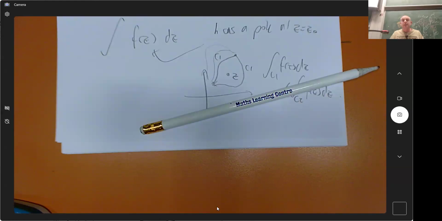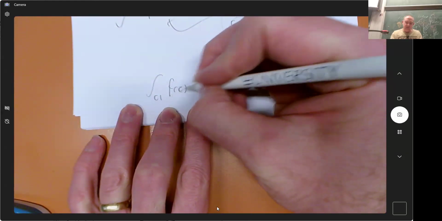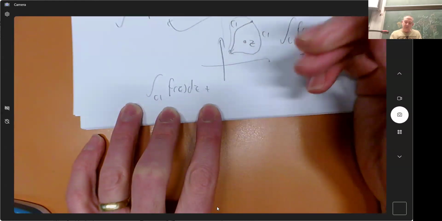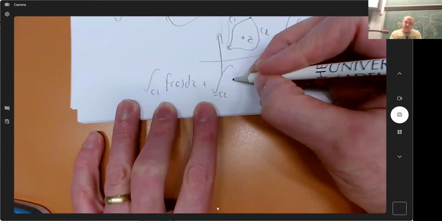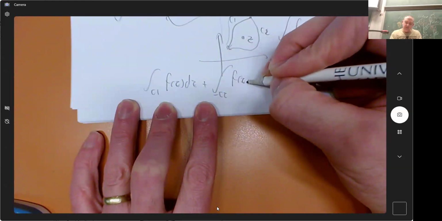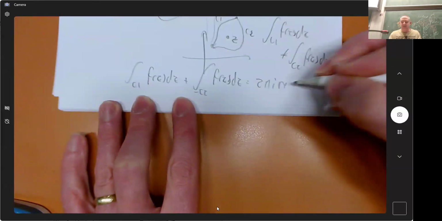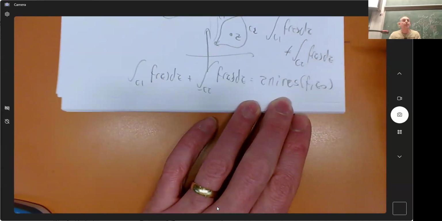And in fact, I know for sure that the integral over C1 of f(z) dz plus the integral over minus C2, going in the opposite direction, of f(z) dz will be 2 pi i times the residue of f at z naught.